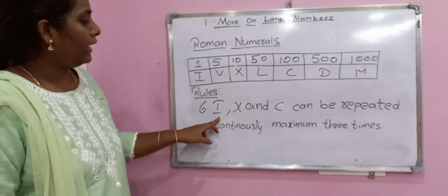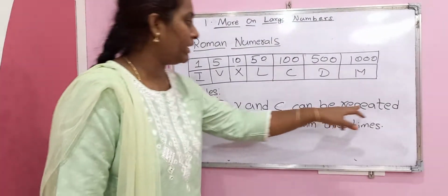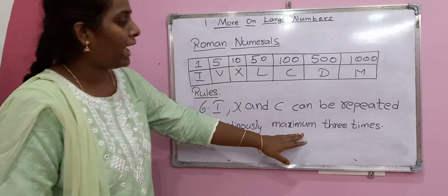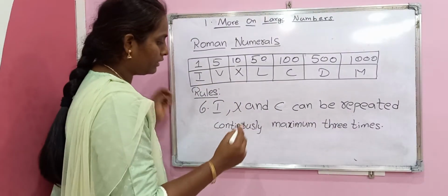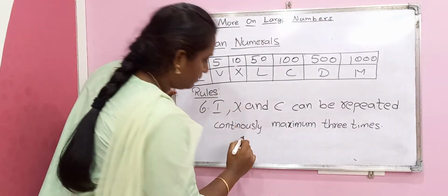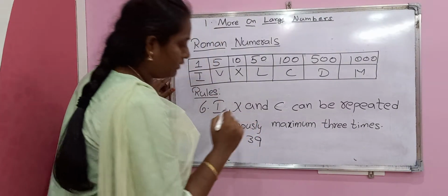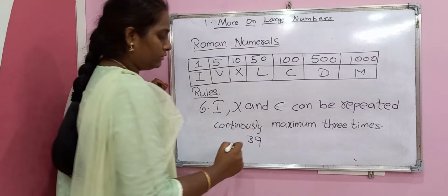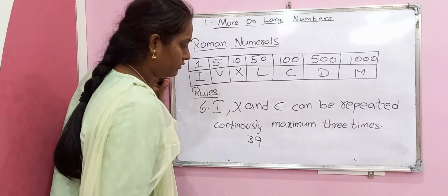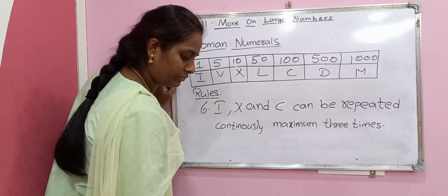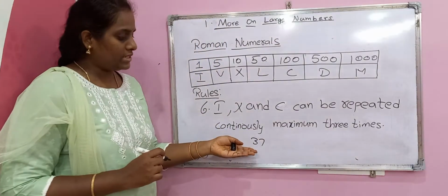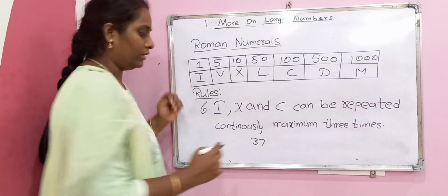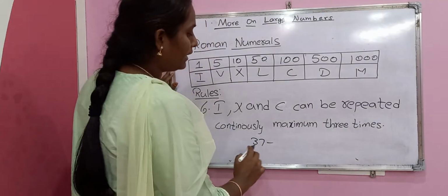Now, I, X and C can be repeated continuously maximum 3 times. Okay, it means we'll take one example. First we'll take 37. We'll change this number into numeral. 30.